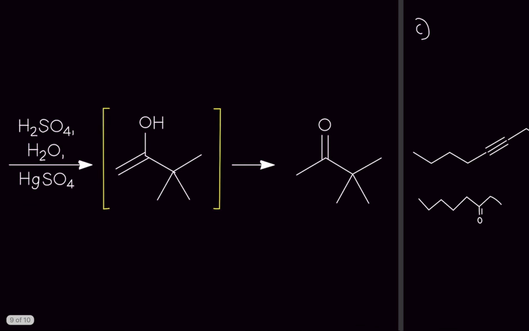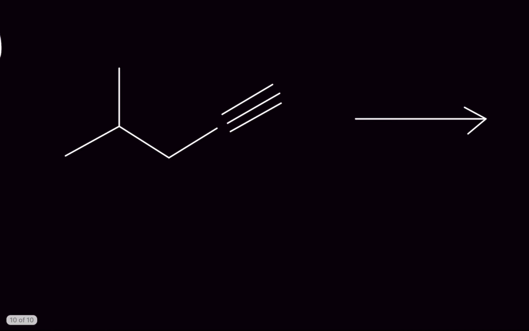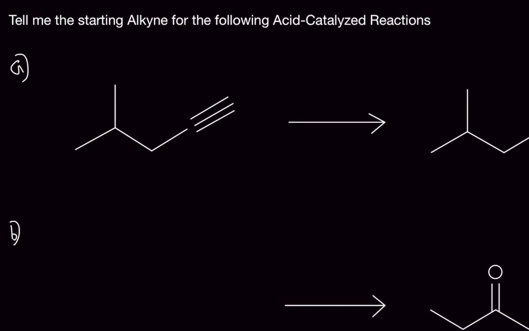Then draw the rest of the molecule exactly as it looks, and make sure you count your carbons so you didn't leave out or add too many. So, we have 1, 2, 3 carbons in a row. And that's our terminal alkyne.